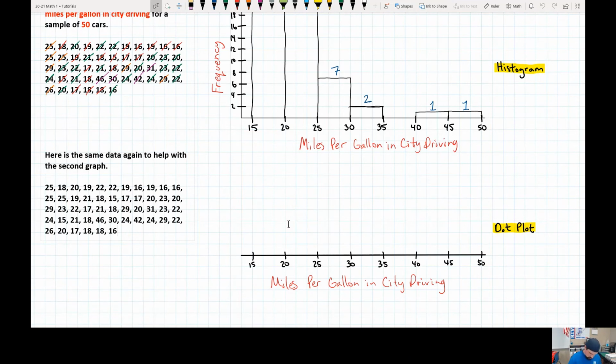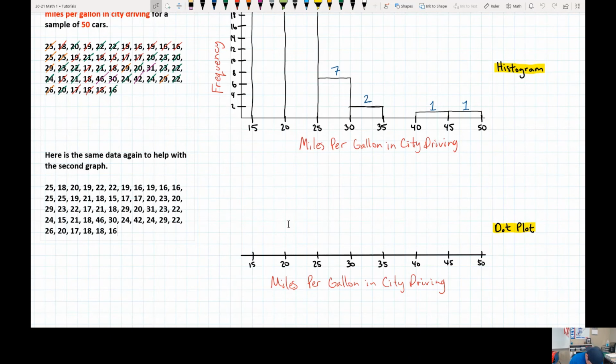We're going to start here, and we'll start with 15. All right, and 15 is the lowest value we have in our data set, and that's why we're starting at 15 on both graphs. We do not need to start at 0 because we don't have anything in that value range. Right, 15 is the lowest. So when doing a histogram or dot plot, we can start with the lowest value as the lowest value on our graph.